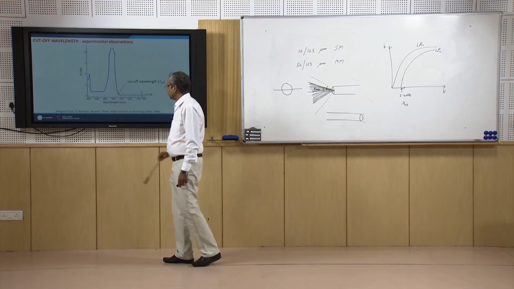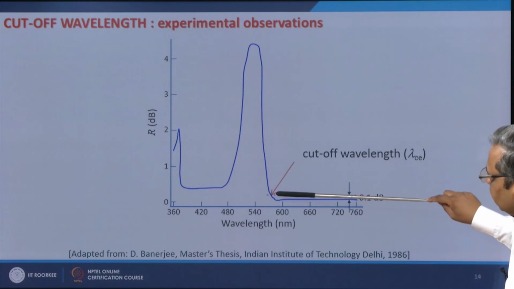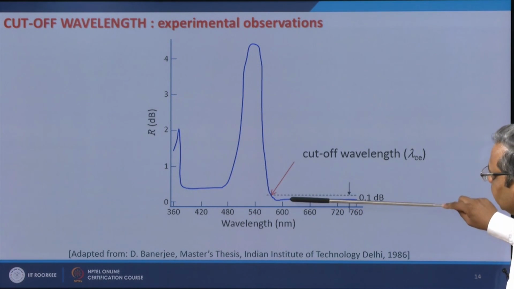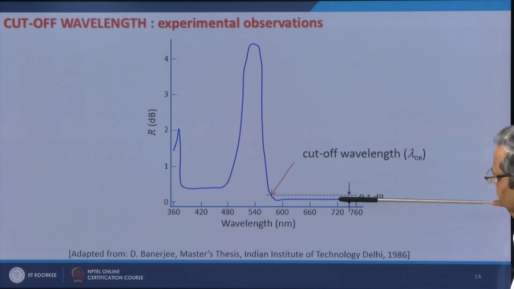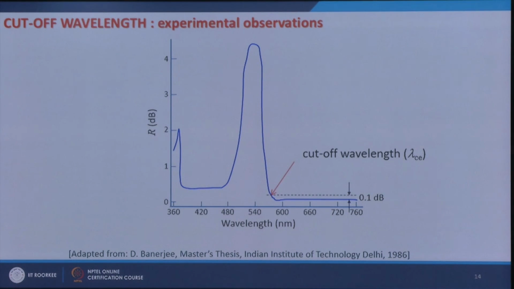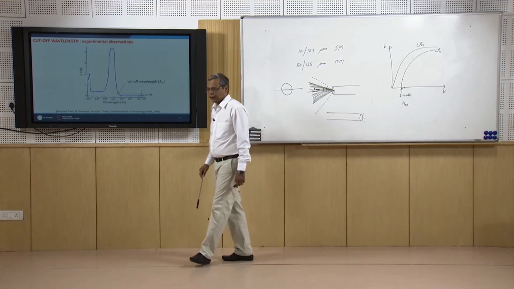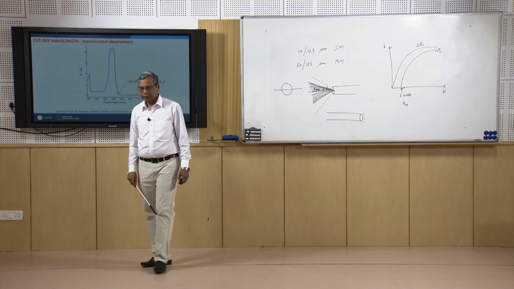So, the bending loss will decrease. Now, if I identify a point here which is 0.1 dB above this long wavelength edge, then this wavelength here will give me the cutoff wavelength. So, using this I can measure the cutoff wavelength.